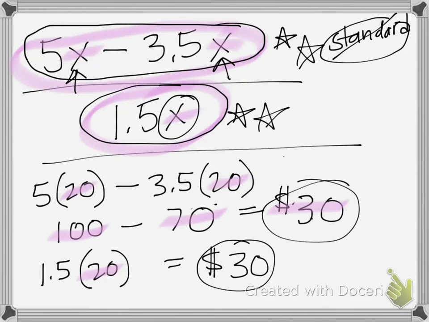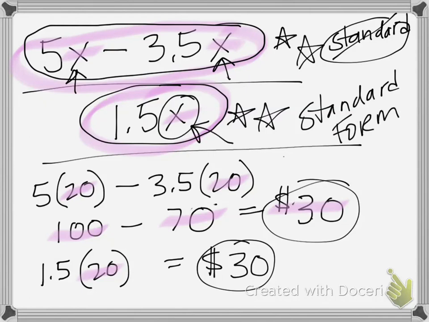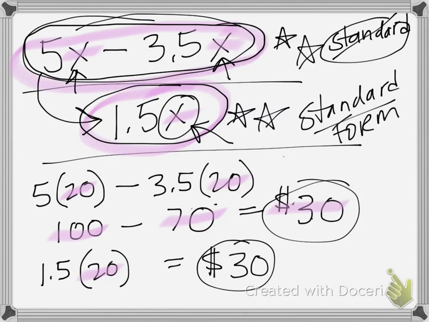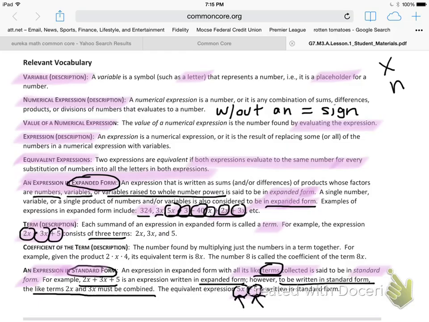But this one, yes, is in standard form because it has only the 1 x term. These two here have been combined to get that. So this is standard form. This over here is not. We'll make this clearer and clearer as we go on, but it's something that's good to know.